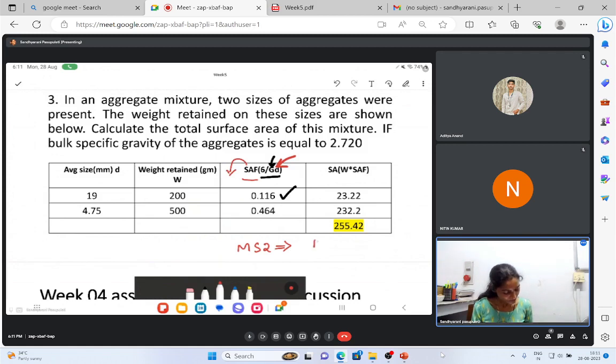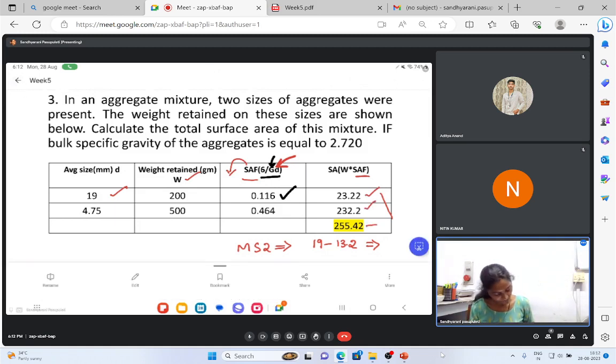For example, if 19 to 13.2 is the range of the aggregates, then they took 19 plus 13.2 by 2 as the average size. Here the average size is directly given as 19, so you can directly substitute. By multiplying the surface area factor with the weight, we calculate the surface area individually, then sum up and get 255.42.